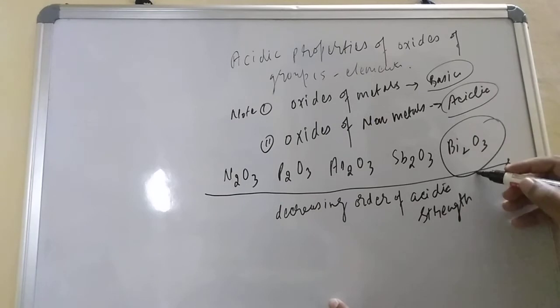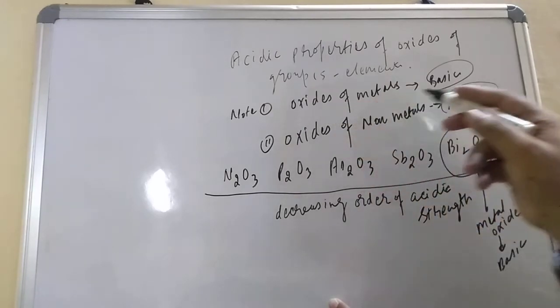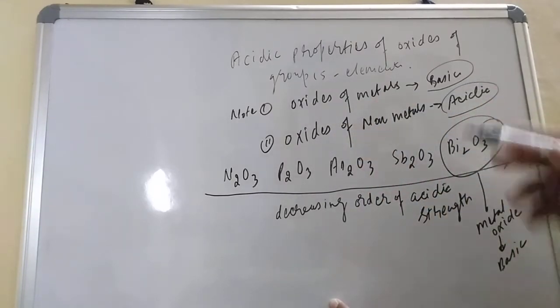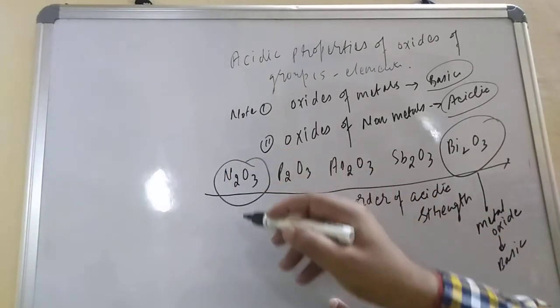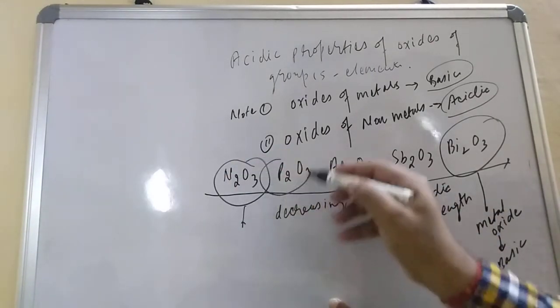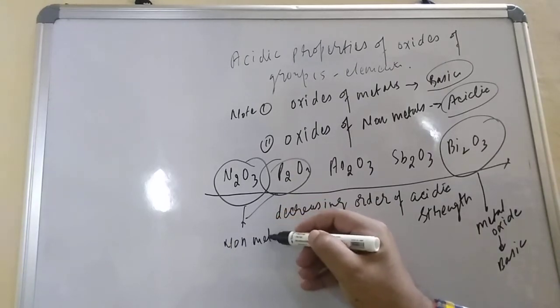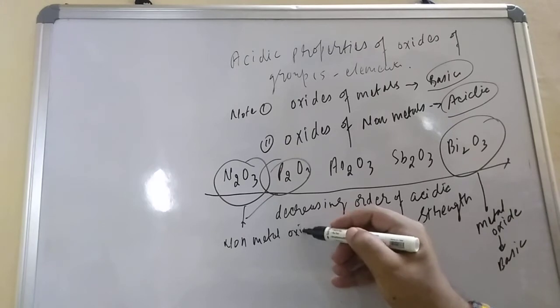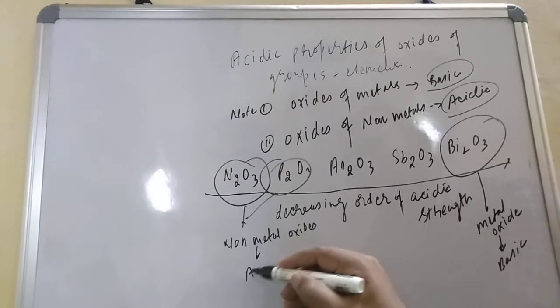Now these things should be clear to you. Bi is a metal, so its oxide becomes basic, because oxides of metals are basic. Why basic? Because they give the base hydroxide in water. N2O3 and P2O3, both are non-metal oxides, and non-metal oxides are acidic in nature.